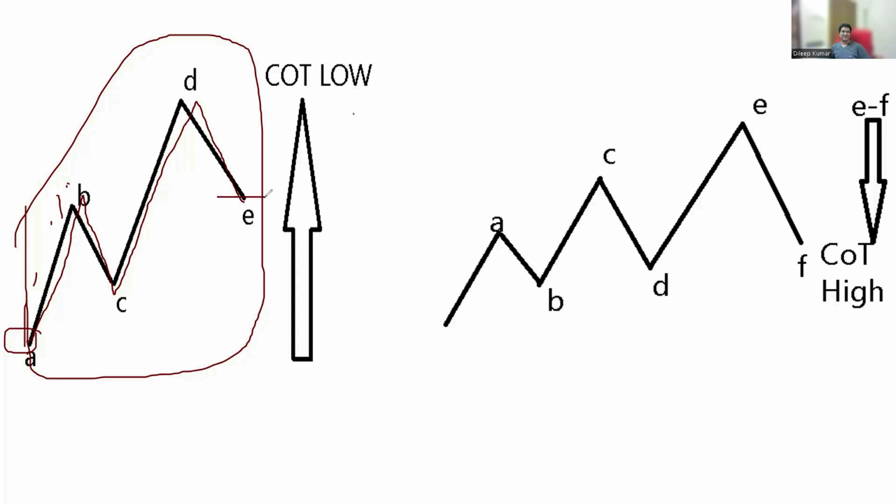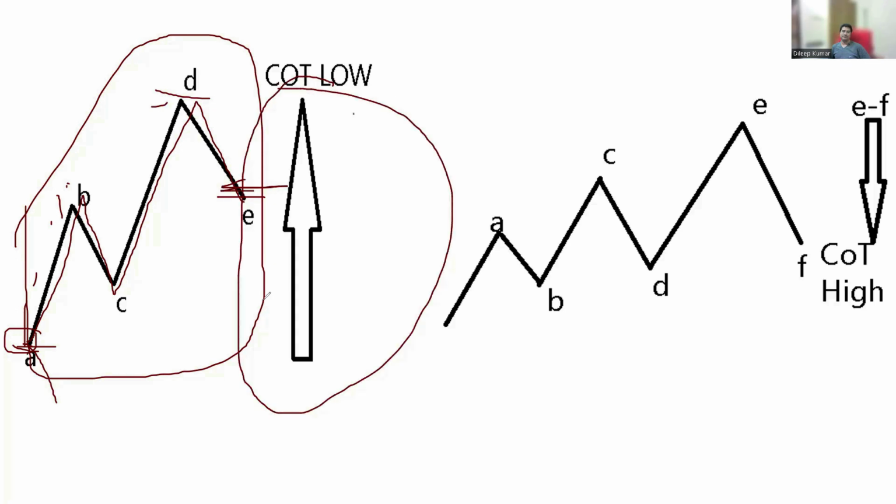This is where the prices finally closed. Now, from this low point, assuming this is the low, after opening there was no new low. From this point to this point, we call it COT low. The whole A, B, C, D, we call it COT low.